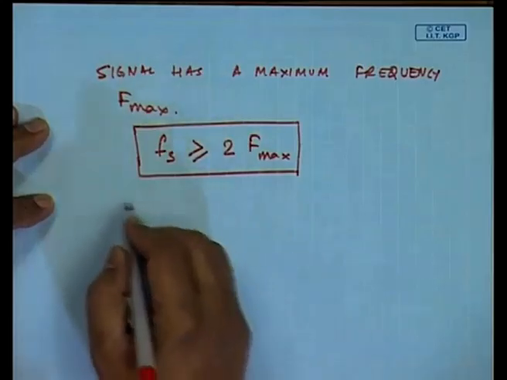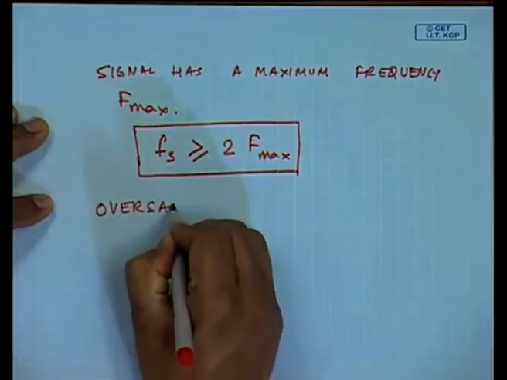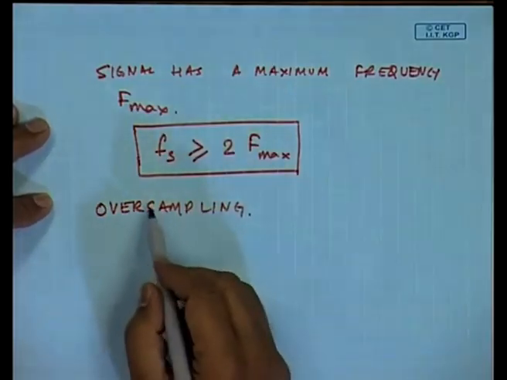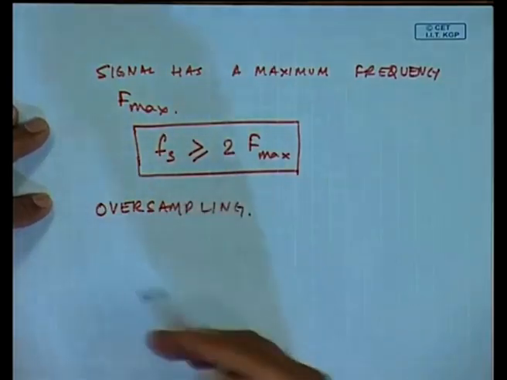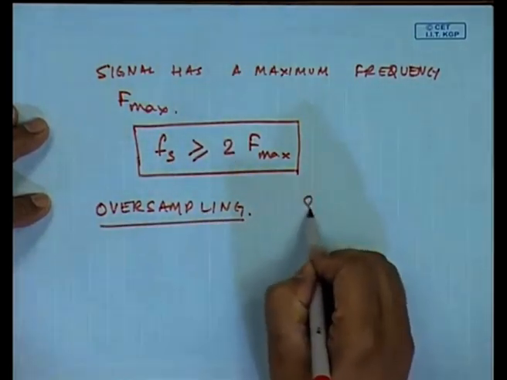But sometimes people do oversampling, and they sample at not just twice f max, but 6 times, 8 times, 10 times oversampling is done.